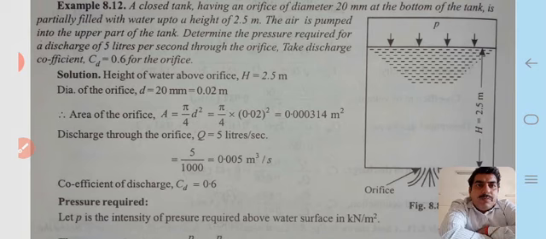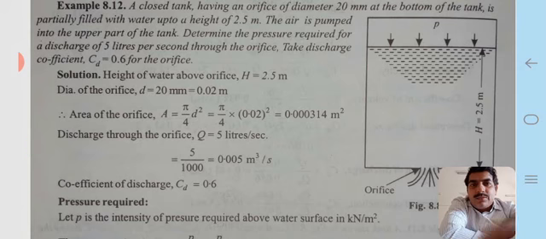The air is pumped into the upper part of the tank. Determine the pressure required for a discharge of 5 liter per second through the orifice. Take discharge coefficient CD is equal to 0.6 for the orifice.